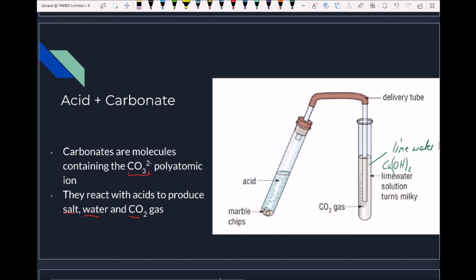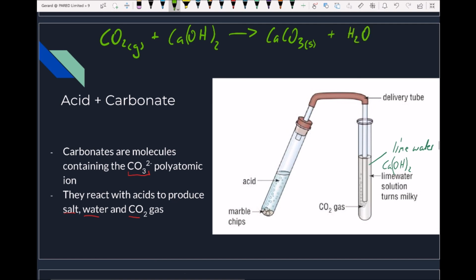If we have carbon dioxide gas being bubbled through, we have CO2 gas plus calcium hydroxide, that's Ca(OH)2, because the whole OH group has a 1- charge and Ca is 2+, like before. We're going to react these two to produce calcium carbonate, which is ironically what we started with, and that's going to be solid. It's also going to produce water.